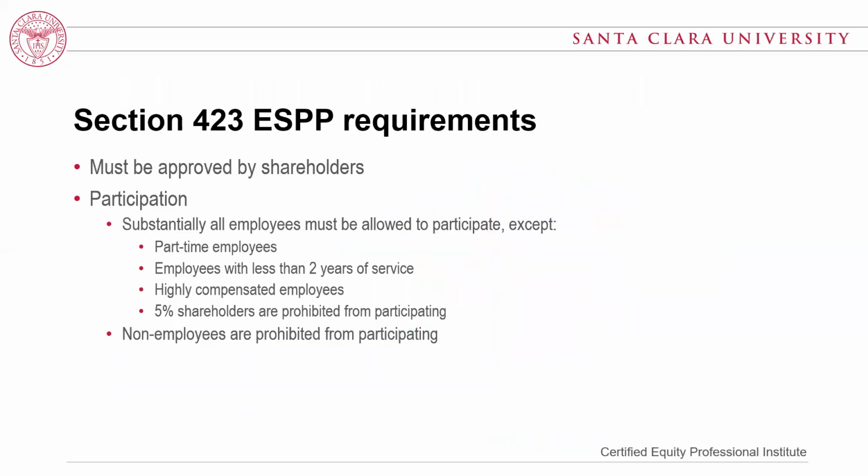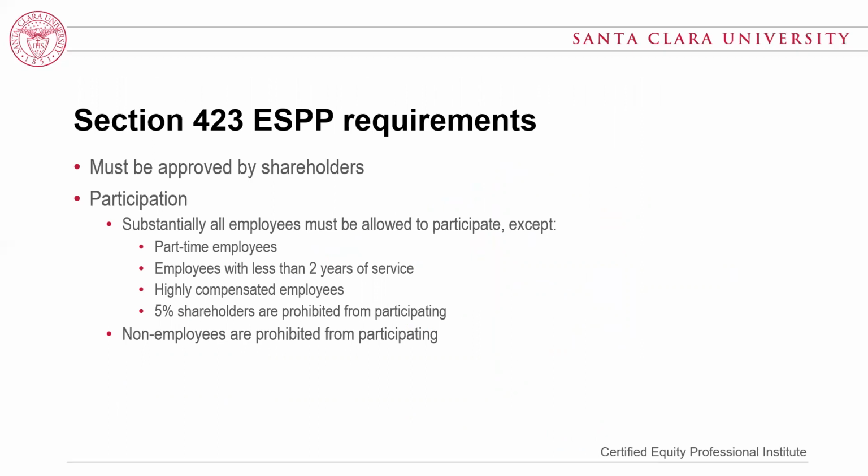Okay, so now let's move on to our other kind of tax qualified plan, Section 423 Employee Stock Purchase Plans. Like it sounds, ESPPs can be tax qualified under Section 423, which is just next door to Section 422 that we were talking about for ISOs.